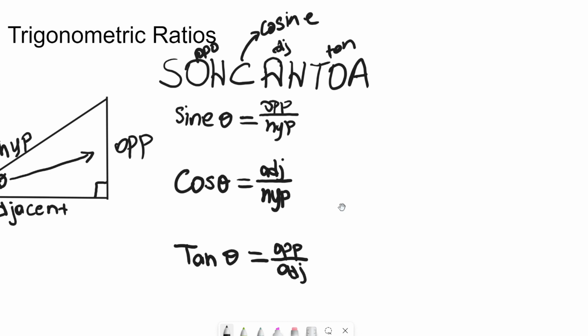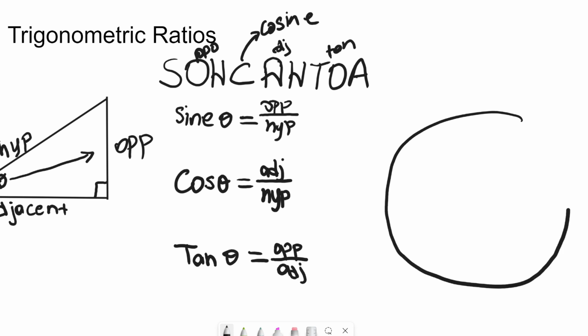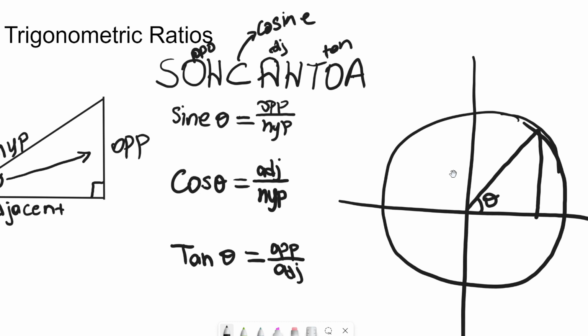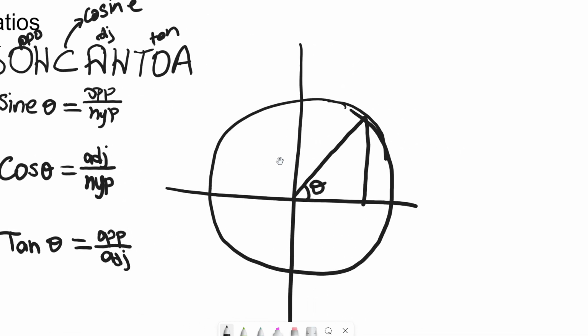So for instance, let's say I have a circle and I inscribe a right triangle. This time we're not going to give it a specific degree measure. I'm just going to have an angle theta inscribed in my circle.